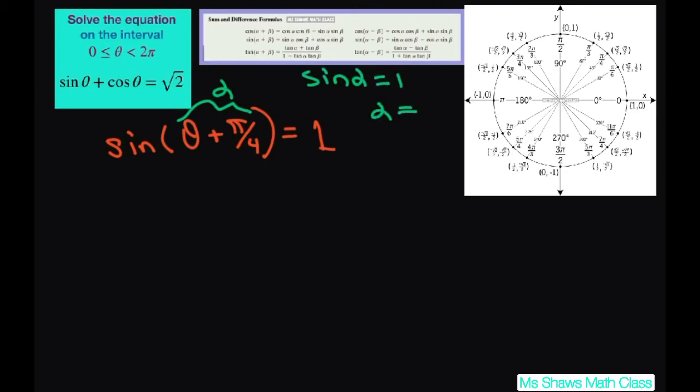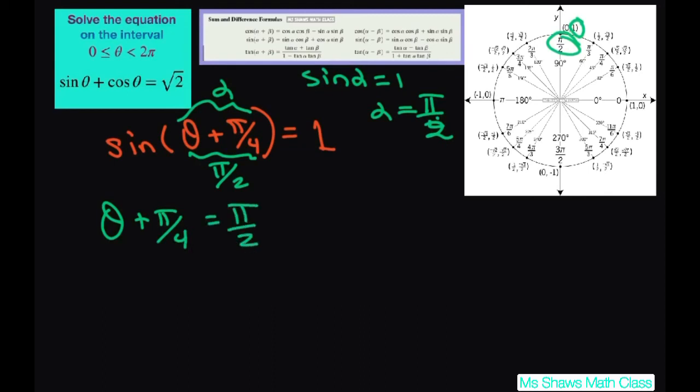That means alpha is going to be pi divided by 2. We want this argument to equal pi divided by 2. So you set it equal to pi divided by 2. So you have theta plus pi divided by 4 equals pi divided by 2.